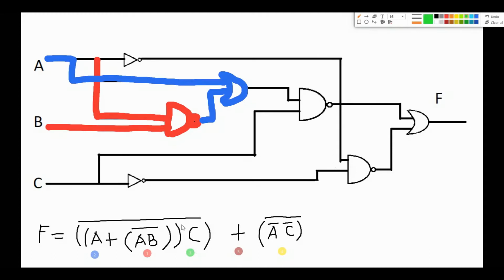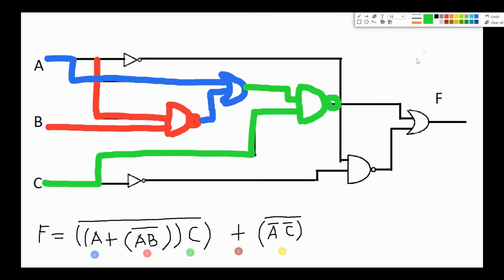And our third equation, connect our input C with the output, the A plus AB complement, to a NAND gate.